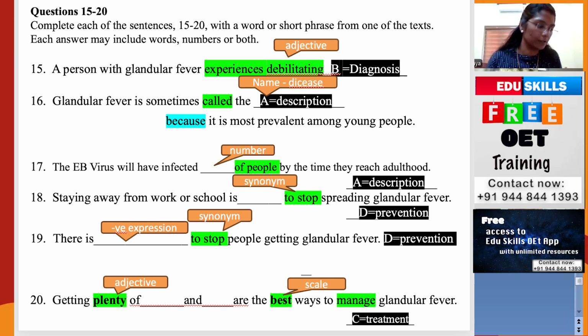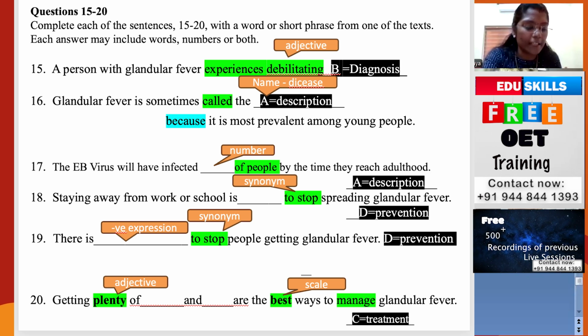20. Getting plenty of dash and dash are the best ways to manage glandular fever. Where is it? Already we have underlined plenty, lots, under the adjectives. Then plenty of rest and drinking fluids.